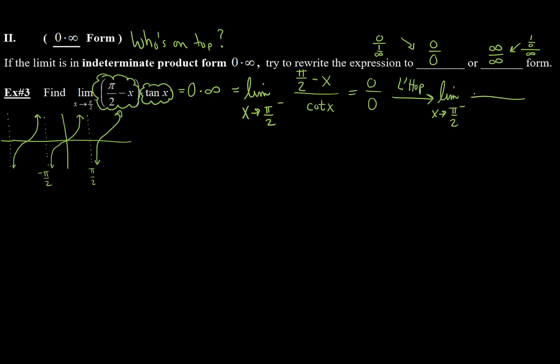I'm going to take the derivative of the top, which is going to be 0 minus 1. And then in the denominator, I'm going to have negative cosecant squared of x. Now before I plug anything in, I'm going to clean house.